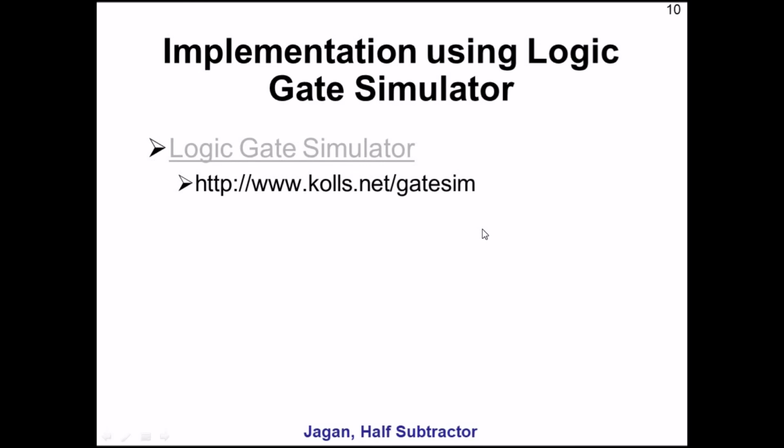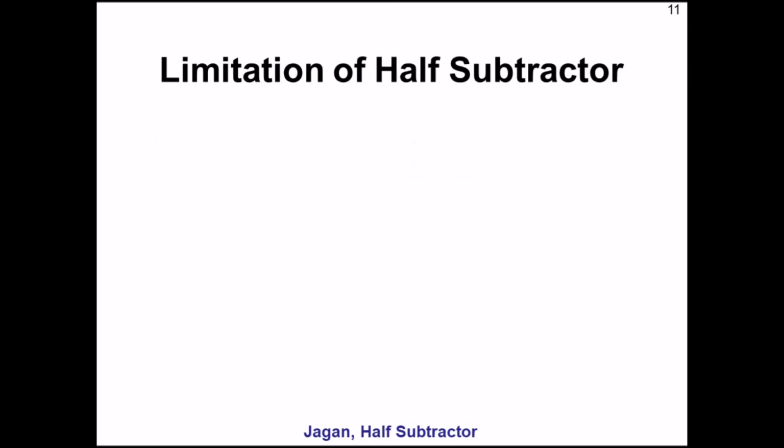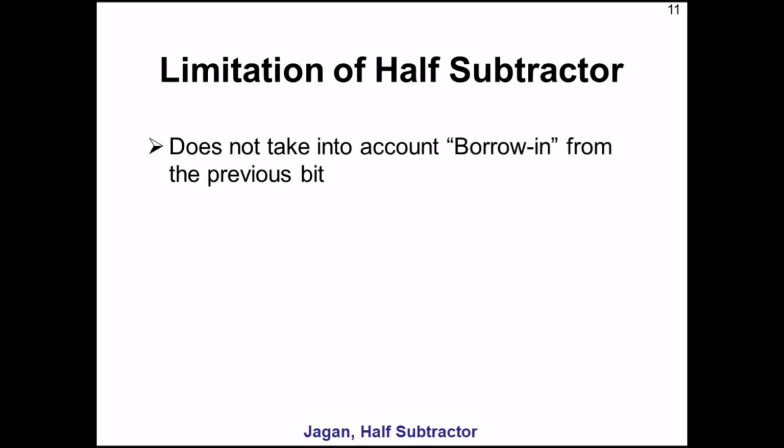Okay, so we are done with the implementation of the half subtractor in the logic gate simulator, and if you closely observe the half subtractor, you could see the limitations, right? Can you guess what is the limitation of the half subtractor? It is very similar to the half adder that we have already discussed. We don't consider the borrowing from the previous bit. That is the major drawback in the half subtractor.